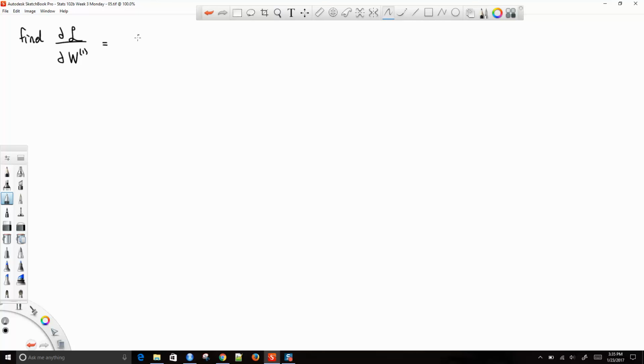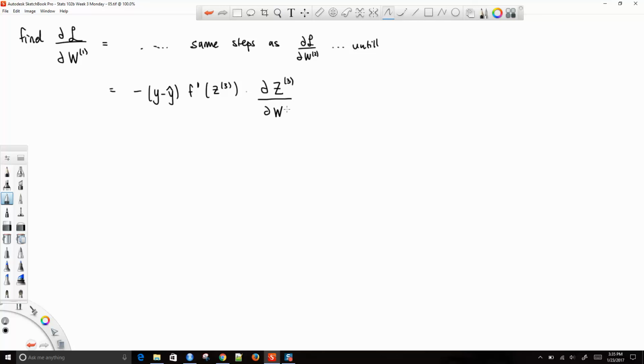So I'm just going to say we do the same steps as before, same steps as what we did for W2, until we get to here, y minus y hat times f prime of Z3, and now we want to find how Z3 varies with respect to W1.